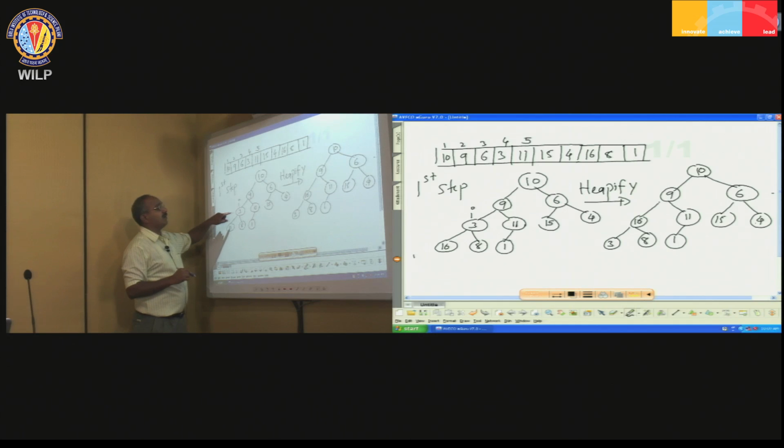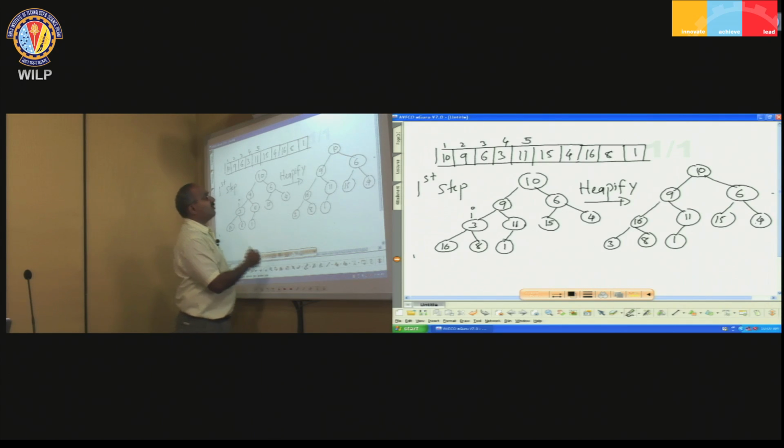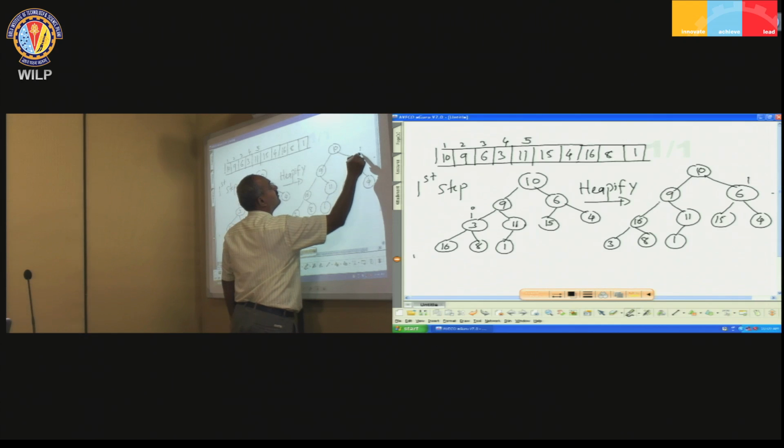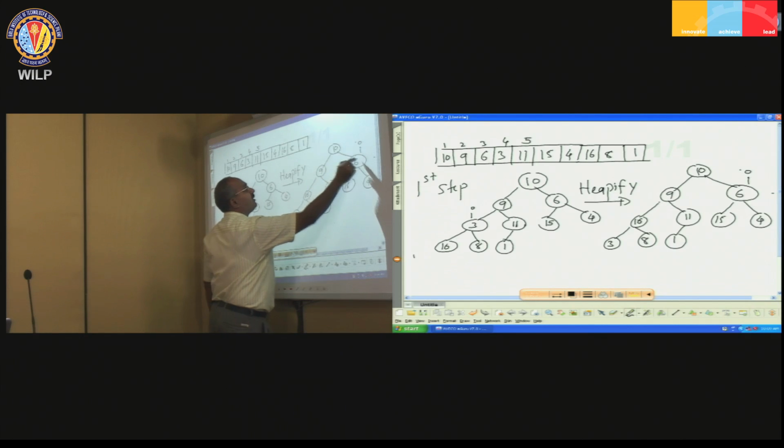So, we see that now you have the heap property satisfied here. Next you change your I here, correct. I is decrementing from n by 2 to 1. So here I initially was 5, then it is 4, now I becomes 3.